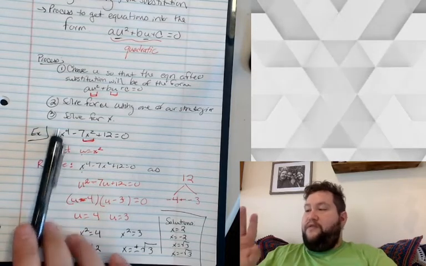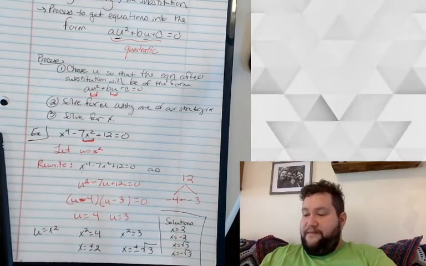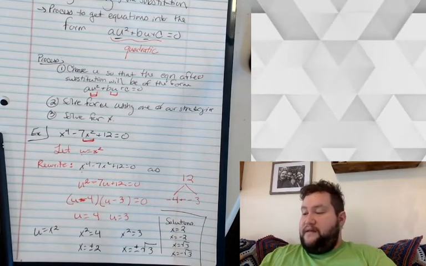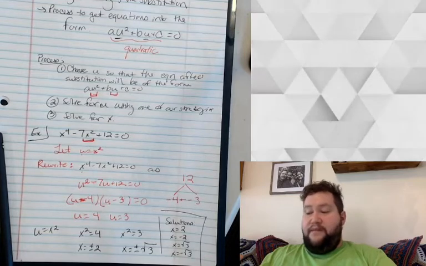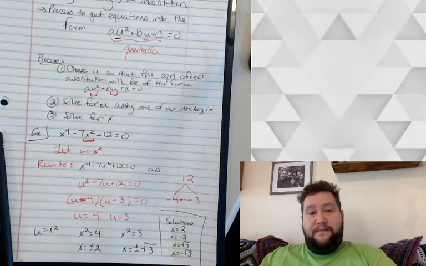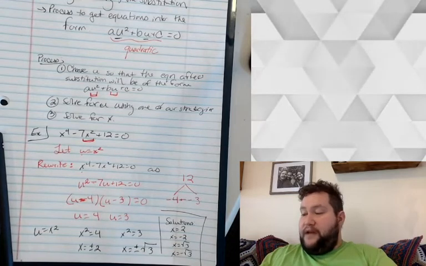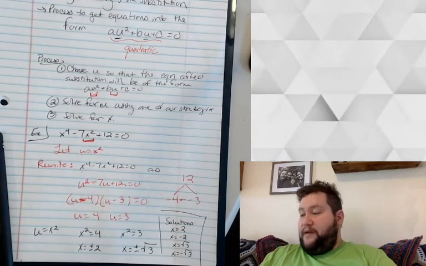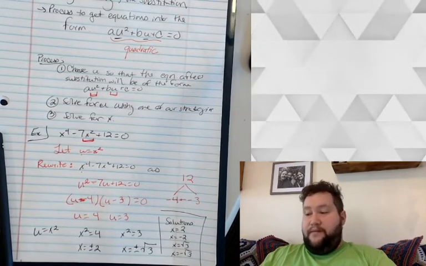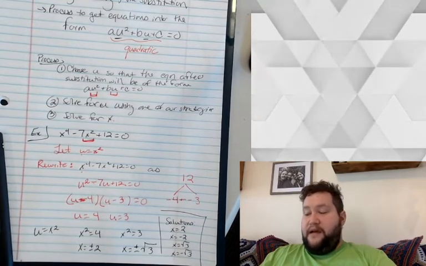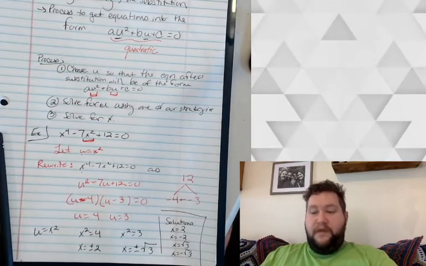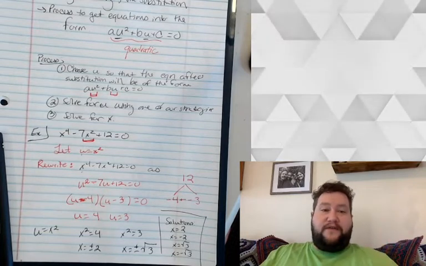So we have 2, 4, 8, 16. 16 minus 7 times 4 is 28. Negative 12 plus 12 is 0. And that same will work for negative 2. And root 3 will work as well, because we have 9 minus 21 plus 12, which is 0. So we always check our x's after we get to it.